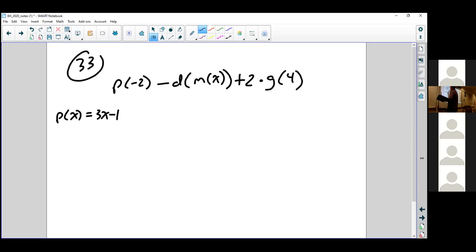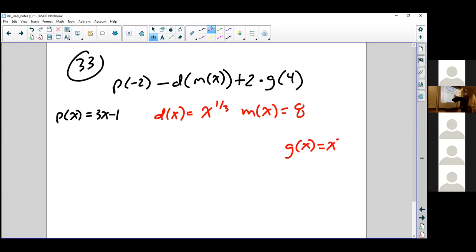So we're gonna take care of that. I also have D at M at X. So I'm gonna say that D at X is equal to X to the 1/3. M at X is equal to 8, and G at X is X squared.